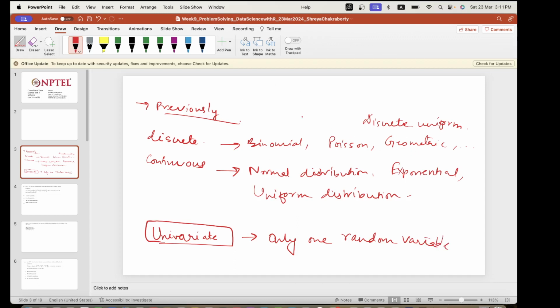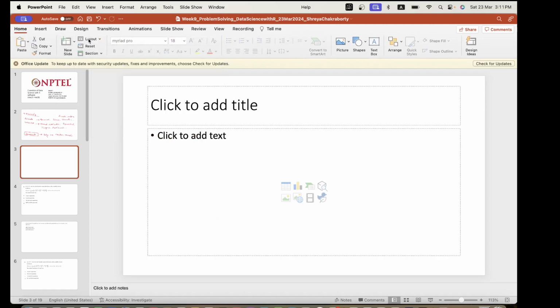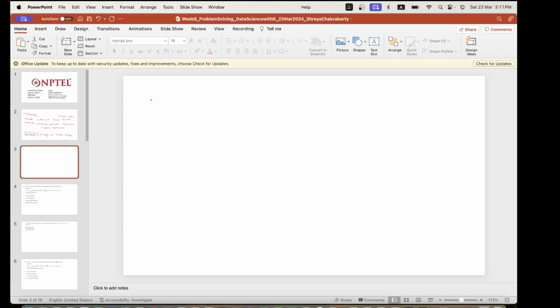And then we also learned about joint distributions and conditional distributions, both in discrete and continuous setups.